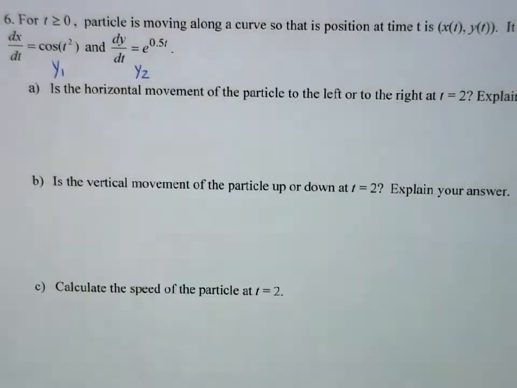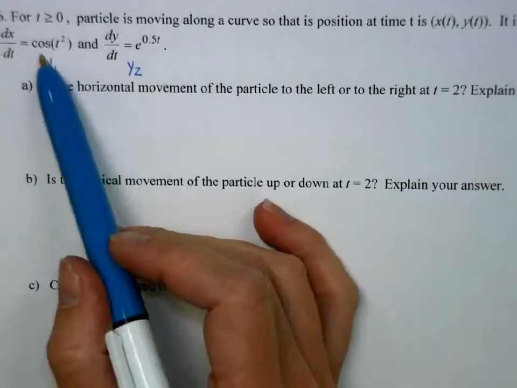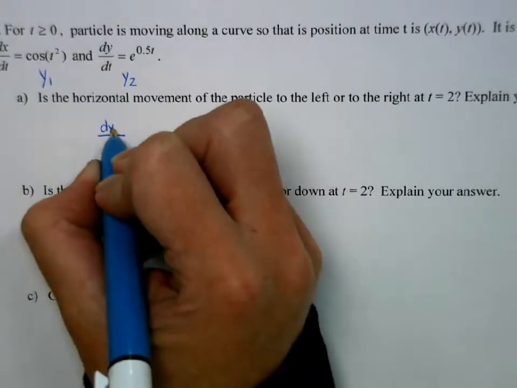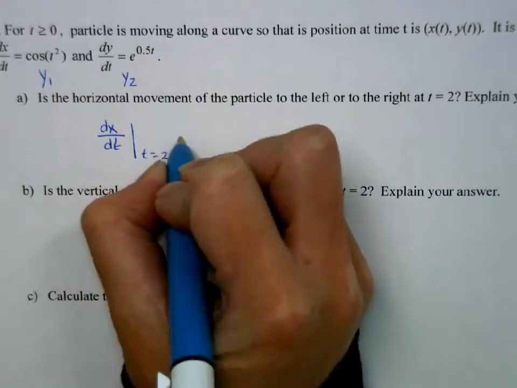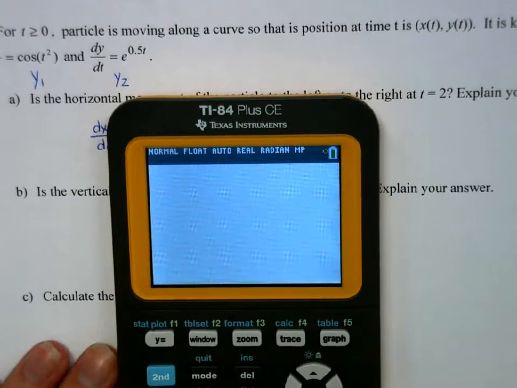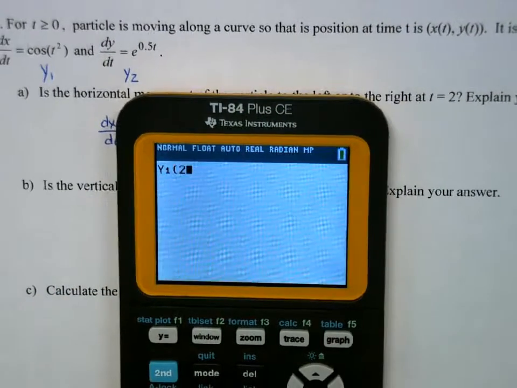Okay, is the horizontal movement of the particle to the left or to the right at 2? So that's going to depend on dx dt evaluated at t equals 2, and I'm just using the calculator for that. I could certainly plug it in, but we're going to use our already stored equation to evaluate this for us.